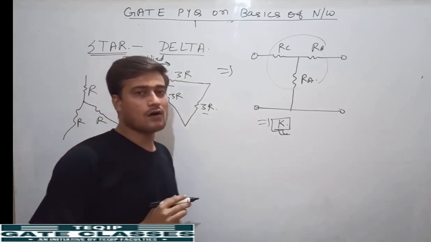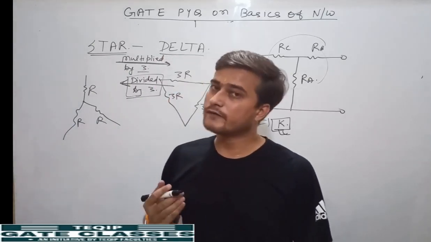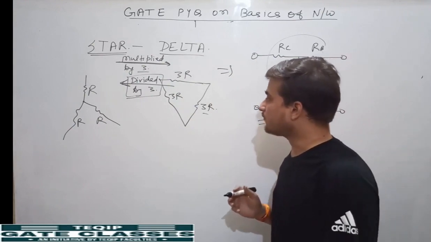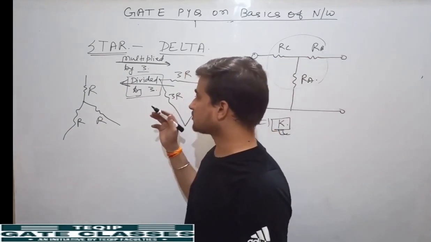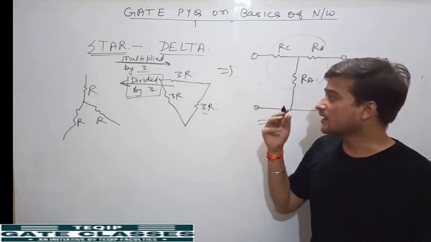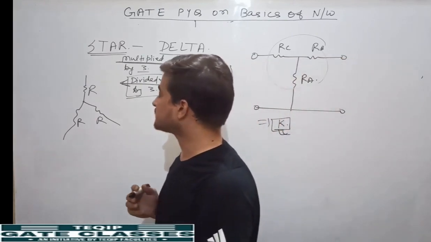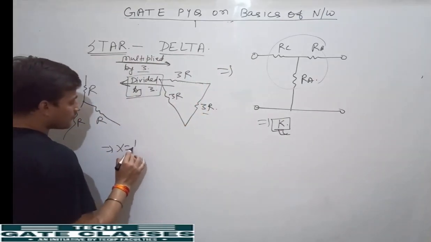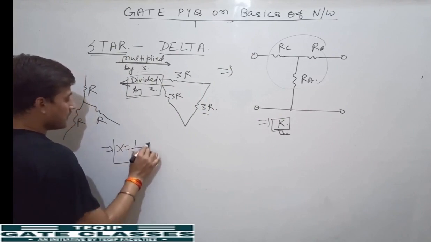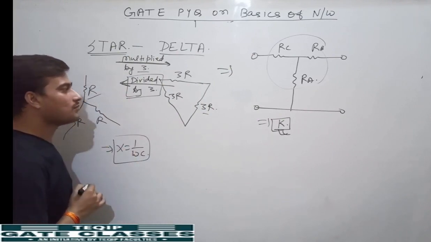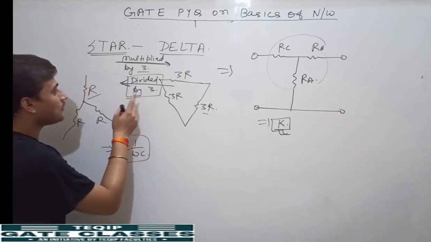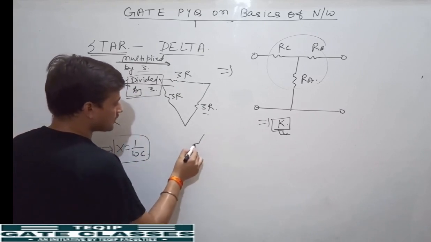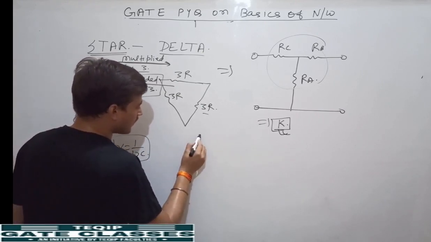If you have an inductor in place of resistance, the same thing is applicable. But if there are capacitors in place of resistors, the reactance is equal to 1 by omega C. That means R becomes 1 by C, so everything will be opposite. Suppose 3 capacitors C, C, C are connected in a star.